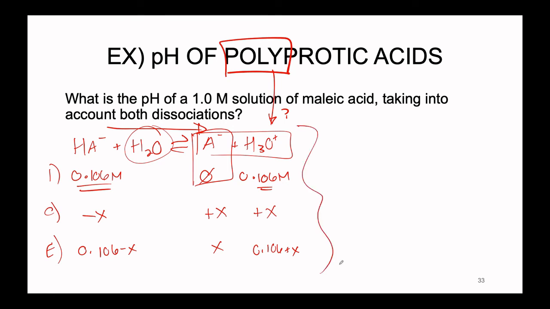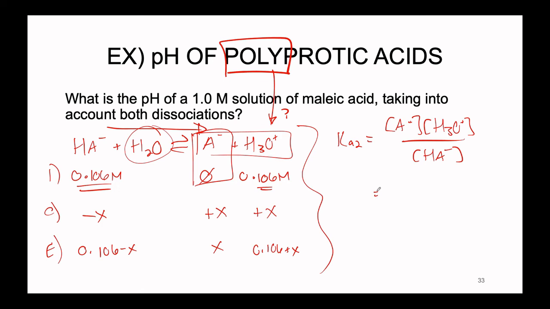Our calculation to find our X then is going to be Ka2, right? This is our second hydrogen that is being lost. There is a special second equilibrium constant for this second hydrogen, which is equal to the concentration of A- times H3O+, all divided by HA-.